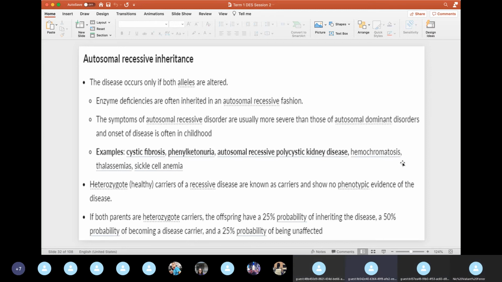Anyone? Iron overload. So think about those who have thalassemias, beta thalassemias, who have sickle cell. Why? Because you commonly give them blood, right? There's a high chance you're transfusing blood to them.